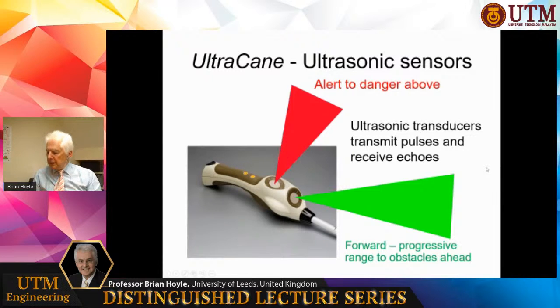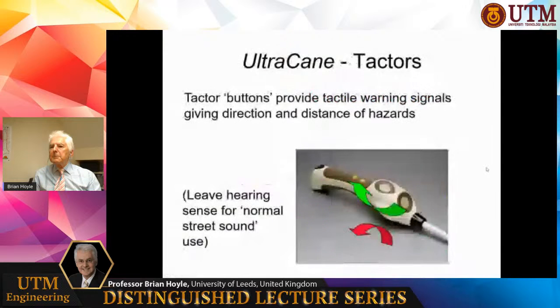Let me tell you a little bit more about the tactor buttons. The forward button will vibrate there. That will show us that there's something ahead, and the upper button will vibrate that one. And so this leaves the sense of hearing free, and the blind person can use that separately, and we're going to find, from their sense of touch.